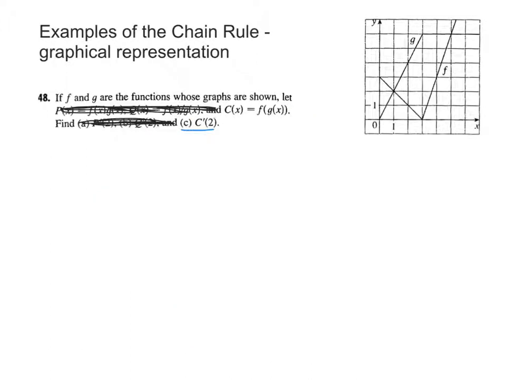Last problem is an example of the chain rule with a graphical representation. This is also referring to a problem that we've already seen. I scratched out the ones that we already did in the last presentation. This time we're going to find c prime of 2, where c is equal to f of g of x, a composition of functions.